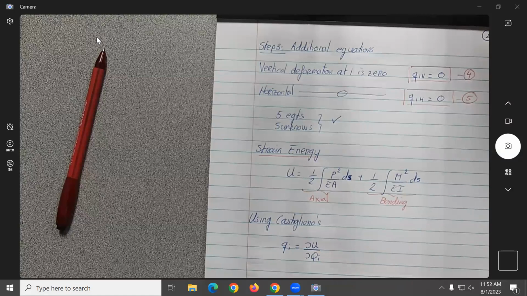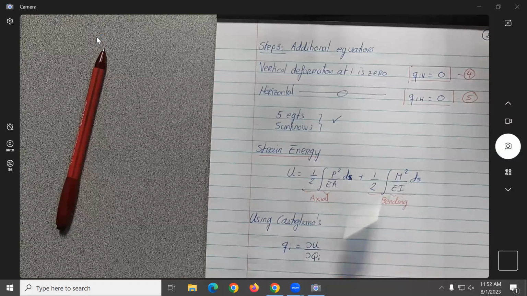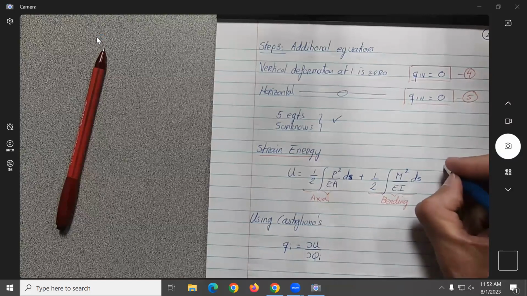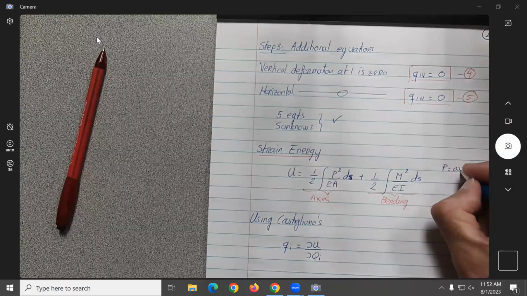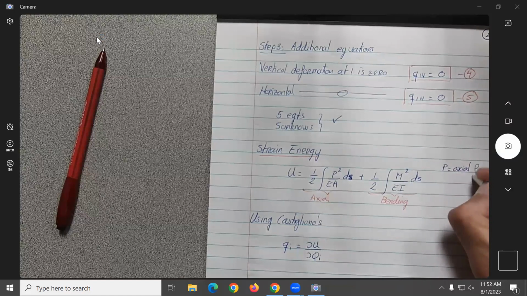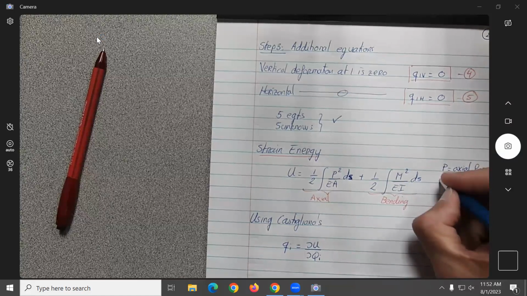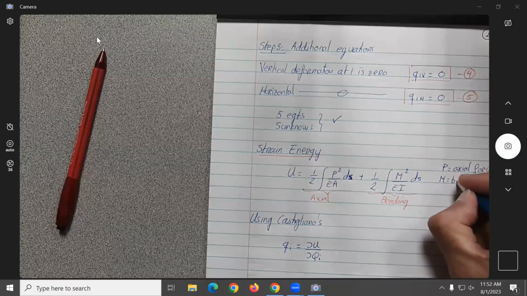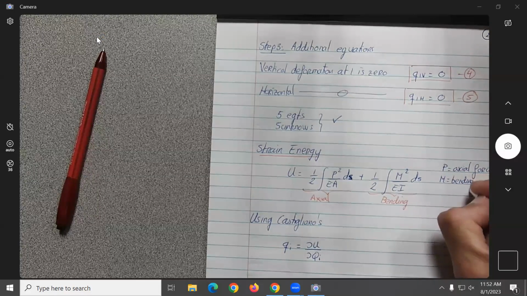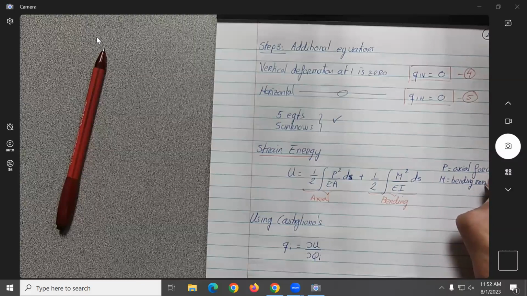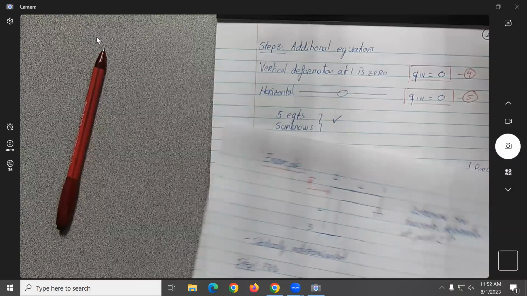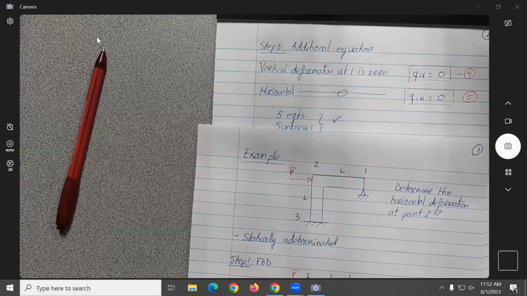Okay? So in the present case, we know the strain energy is going to be a function of P, which is the axial force, and M, the bending moment.